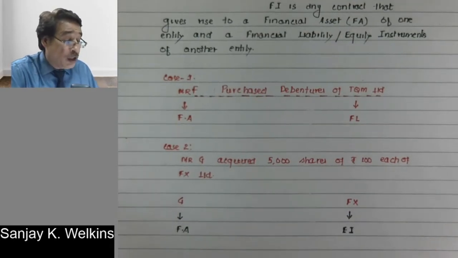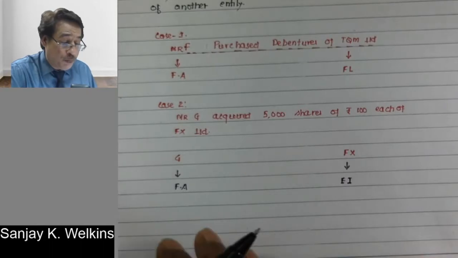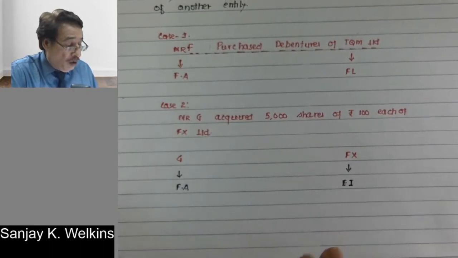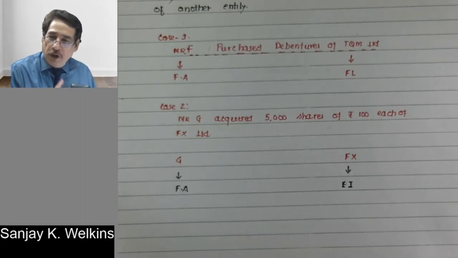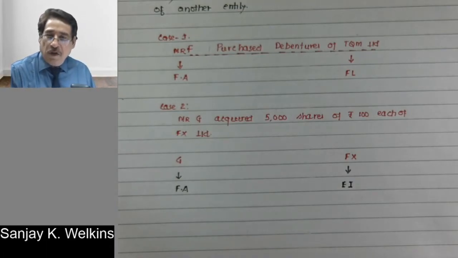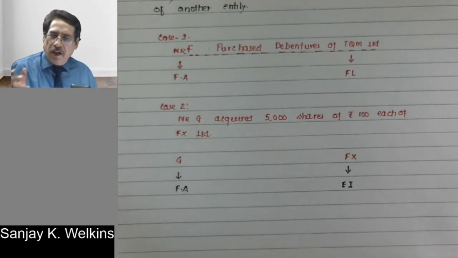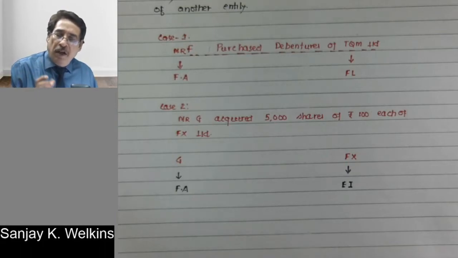So now this particular term which we wrote should be absolutely clear to you. This entire chapter revolves around two axes: one, financial asset, and another, financial liability. Of course, whenever I use the term financial liability, it will simultaneously also encompass equity instrument. So you can say it revolves around three aspects: financial asset, financial liability, and equity instrument.